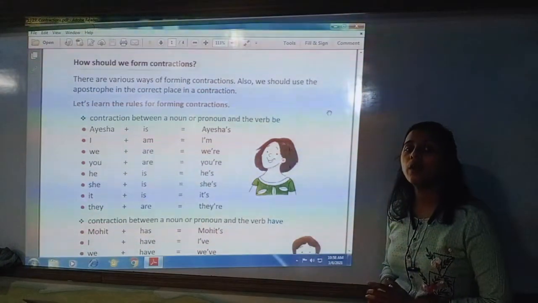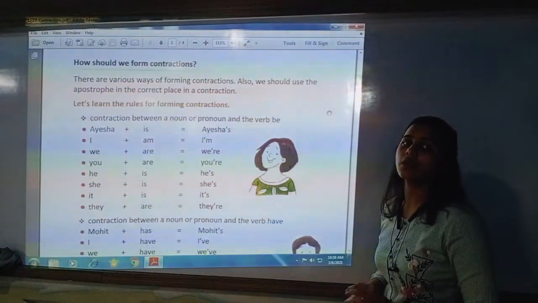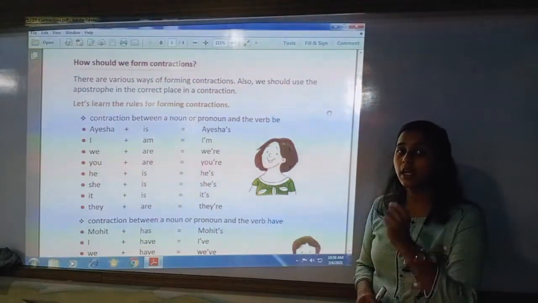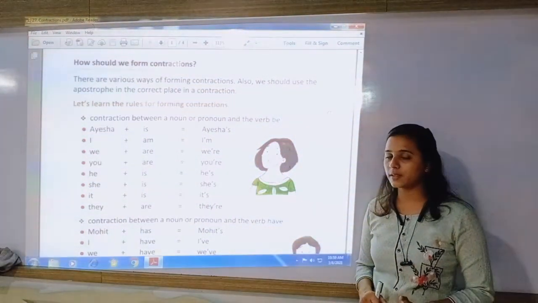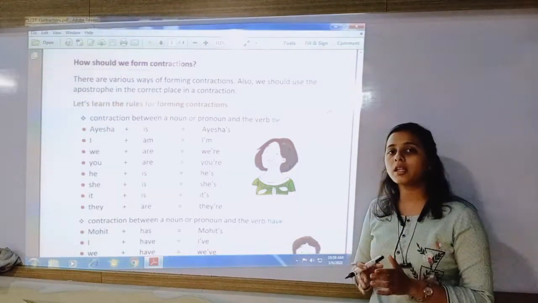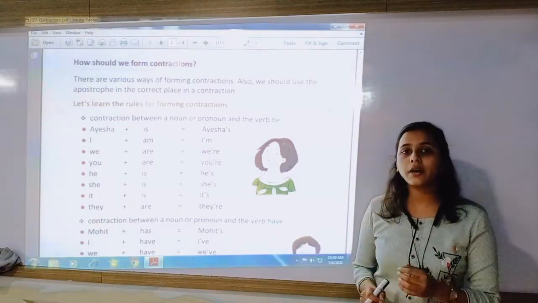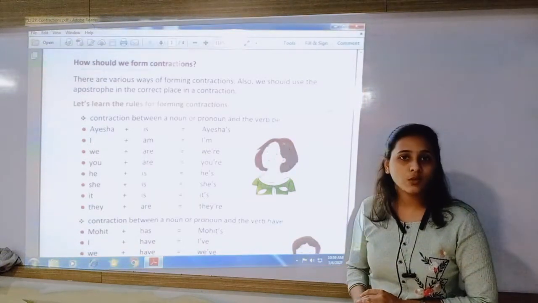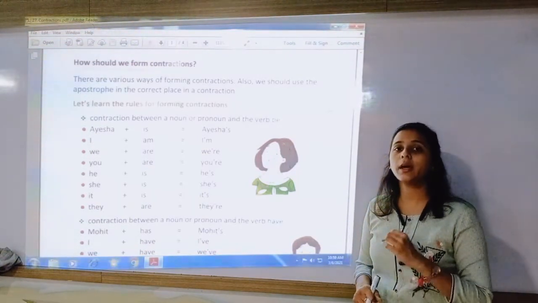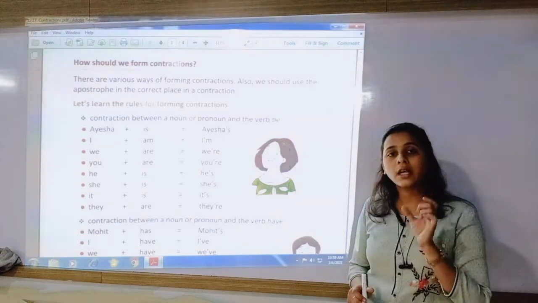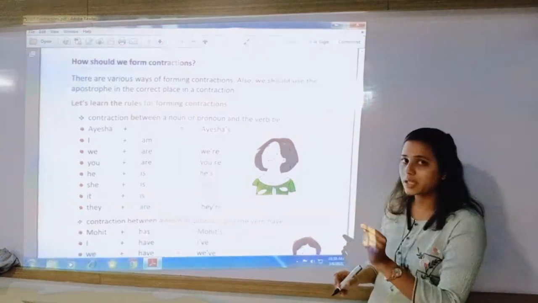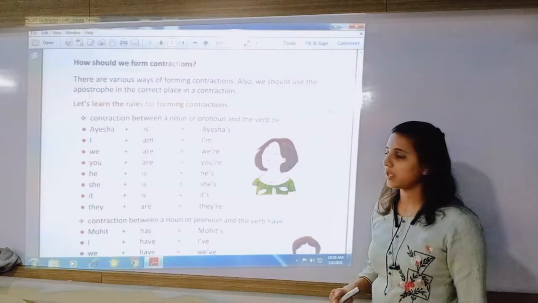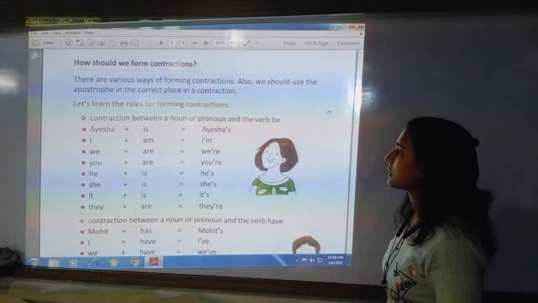There are various ways in which you can do the contraction or short form, but keep in mind the apostrophe is very important. So while forming the contraction, you have to put the apostrophe at the correct place. And which one is the correct place to put the apostrophe? Where in the word you eliminate the letter. Only there you have to put apostrophe. Now let's see the examples.